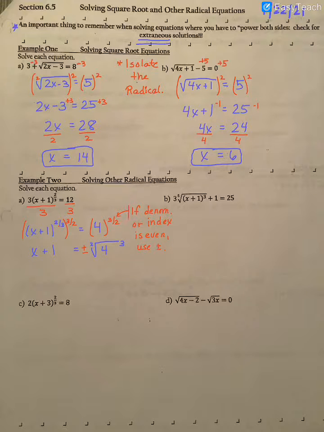So that is a little side note you'll want to keep into play. It's just like, if you recall, when we take the square root of both sides, we always include a plus or minus to account for the positive and negative solutions.